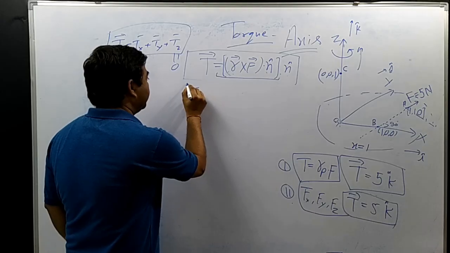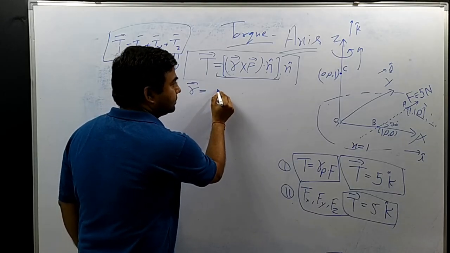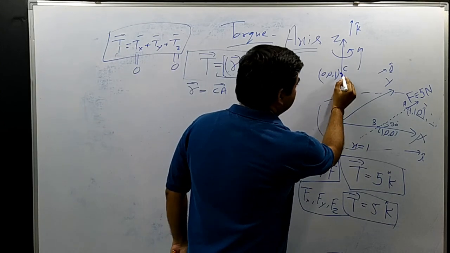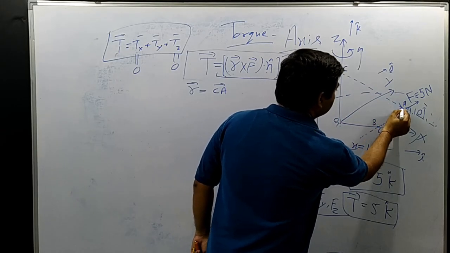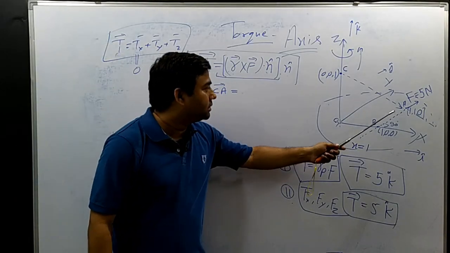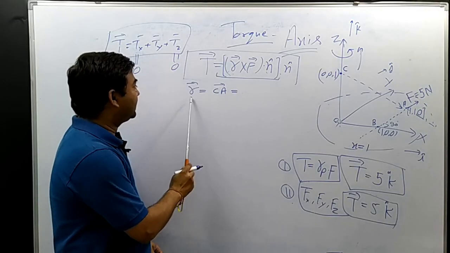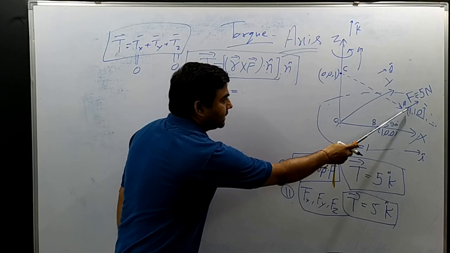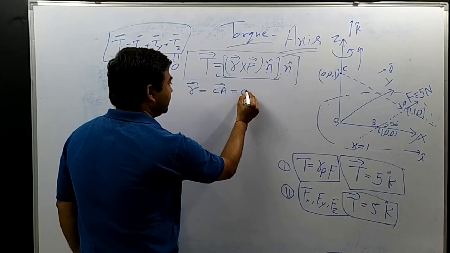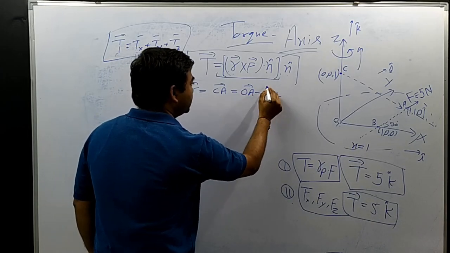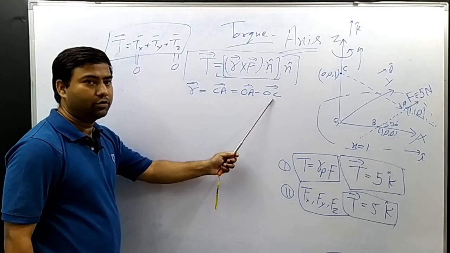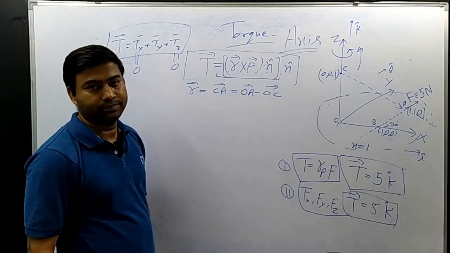So vector R is vector CA, that is the position vector of A with respect to C. Now CA can be achieved by OA minus OC, that we have studied, that is the position vector of A minus the position vector of C with respect to the origin.